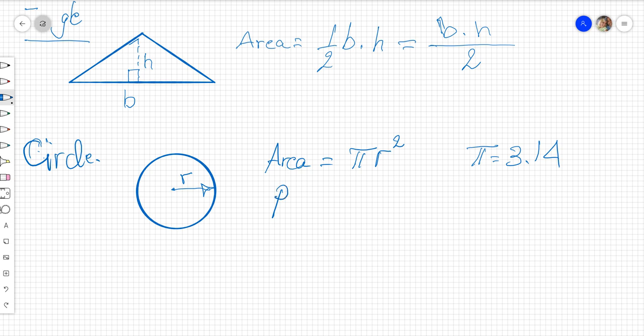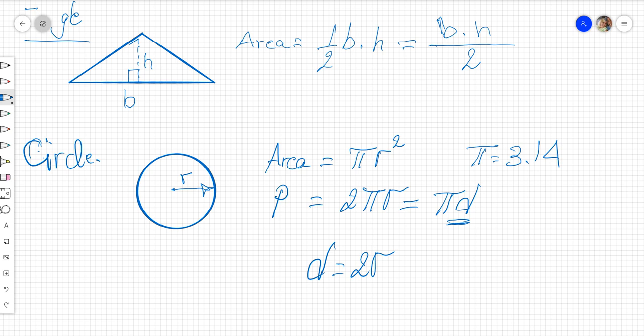Perimeter is equal to 2 pi r, and by the way, it's also equal to pi d, where d is the diameter, because the diameter is double the radius. Okay?